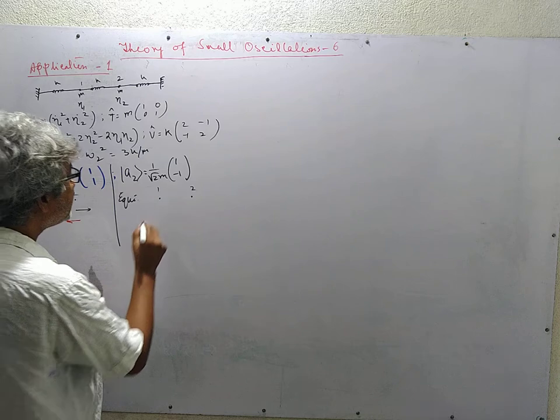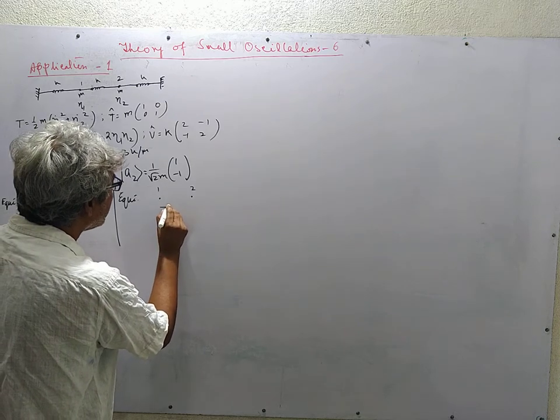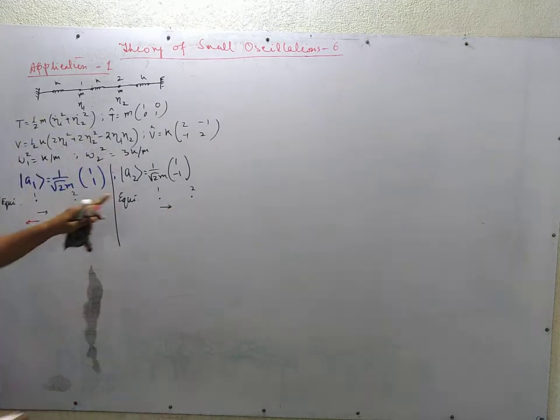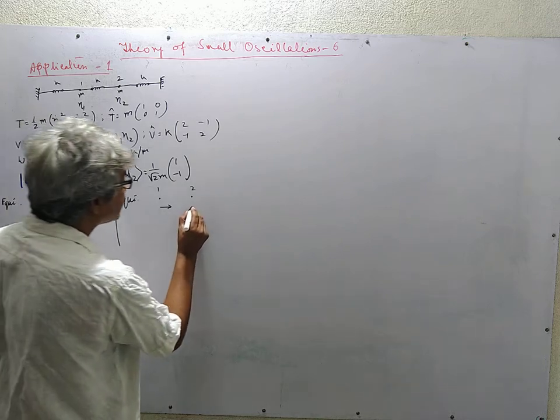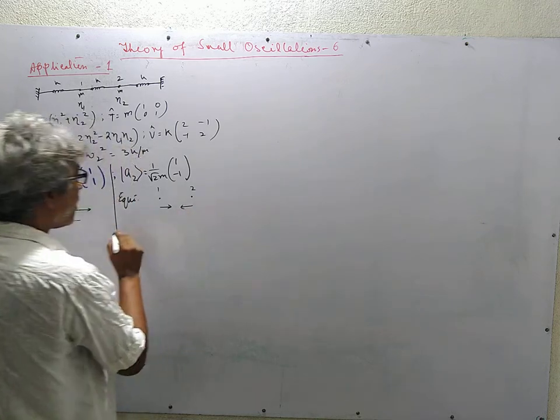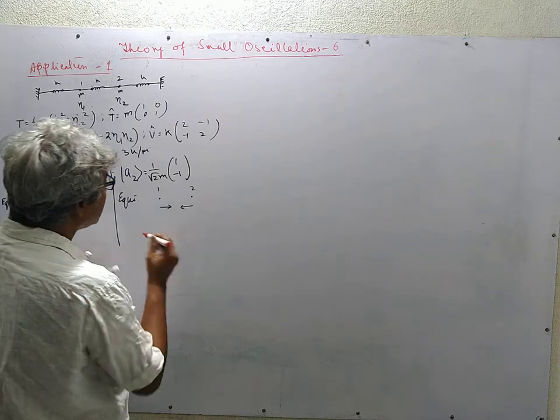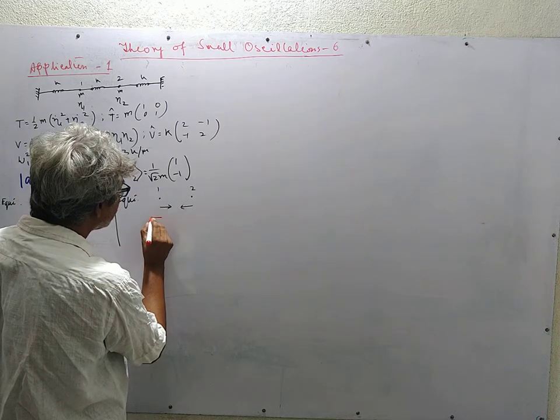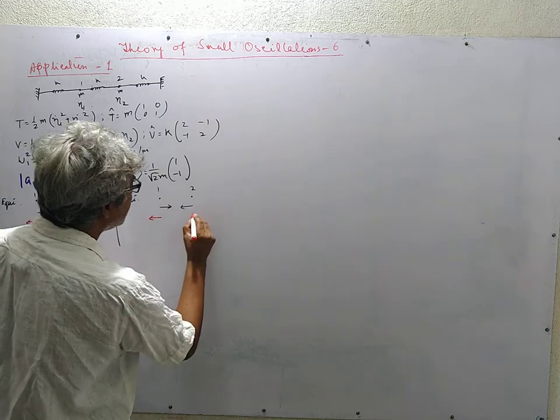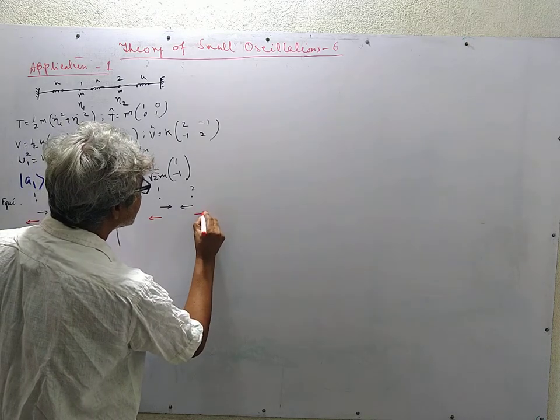Now the possibility is that either the particle 1 moves towards the right, then the particle 2 moves towards the left, or the alternative is that the particle 1 moves to the left, then the particle 2 moves towards the right.